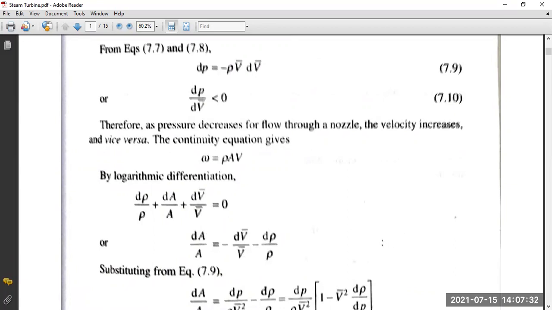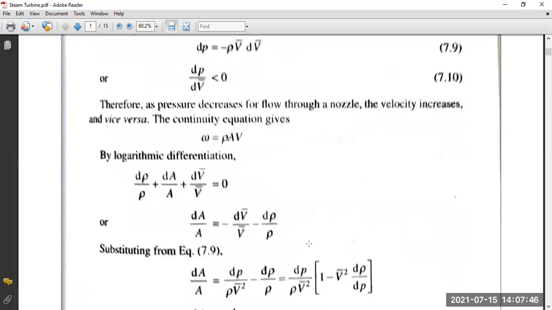Now, if we substitute from equation 7 to 9, which tells us the value of dV is equal to minus dP by rho V, we are putting the dV here.